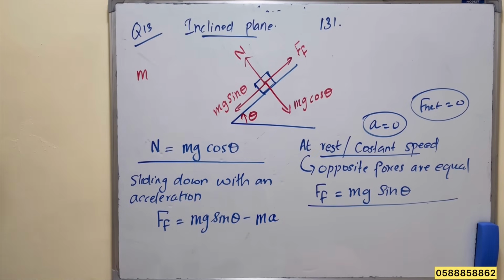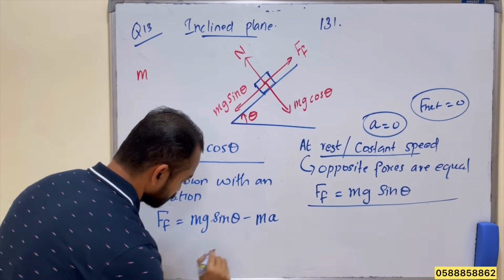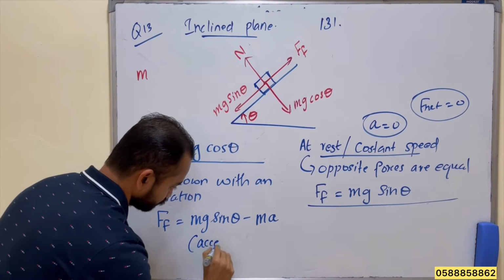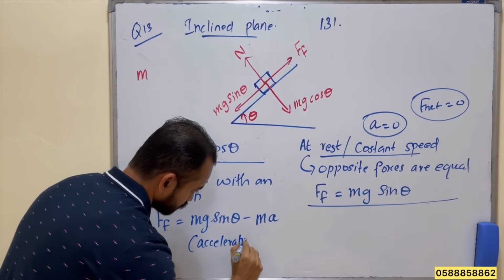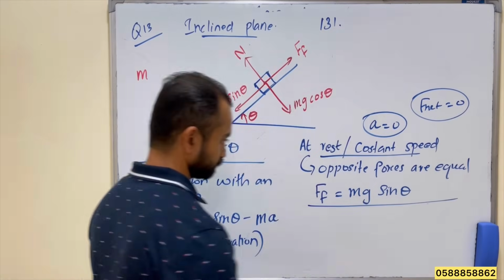So you can use this equation if there is acceleration: frictional force is equal to mg sin theta minus ma.